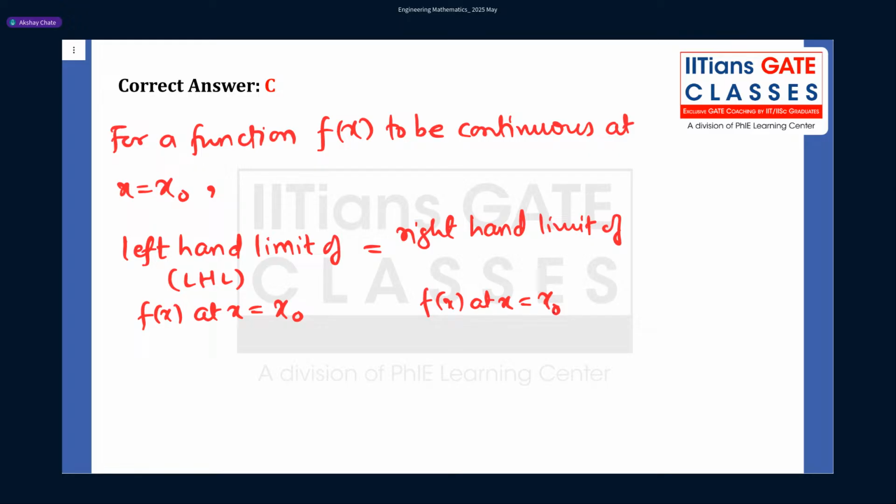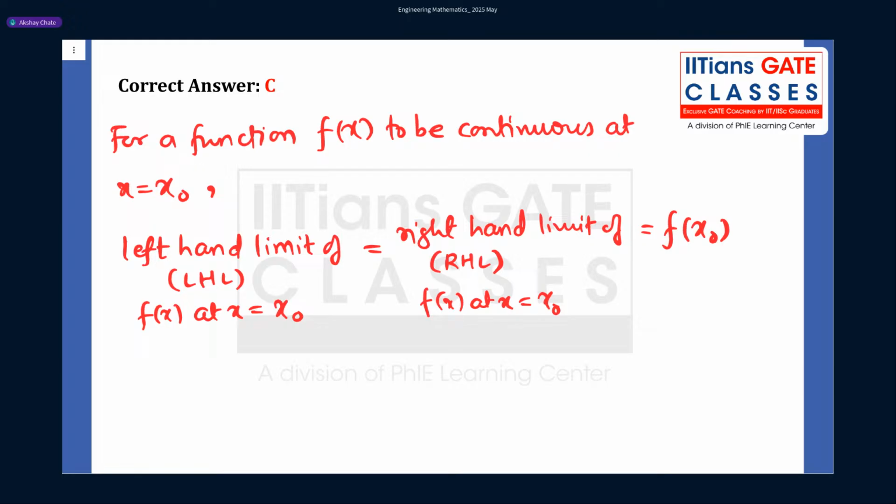Actually, you should not say x equal to x naught, but rather approaching x naught; that distinction is there, but I'm writing it simply. And both the limits should be equal to f of x naught. So the actual value of the function at the given point should be equal to LHL and RHL.